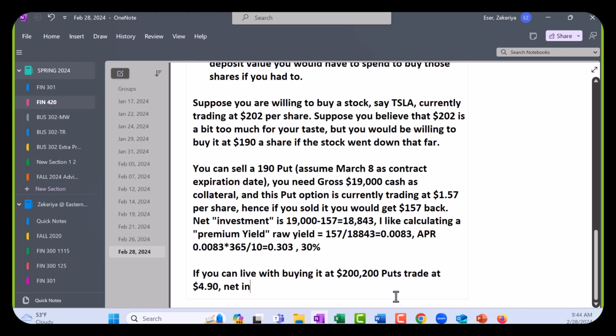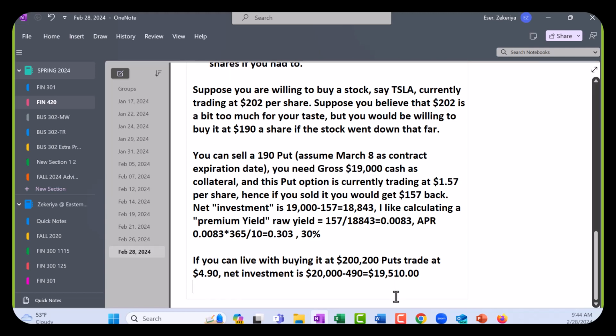Which means net investment is 20,000, because now you have to put 200 times the 100 minus 490. You're putting $19,510.